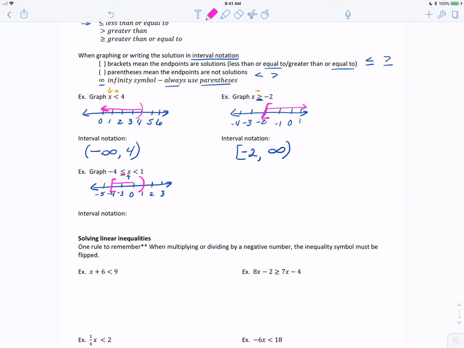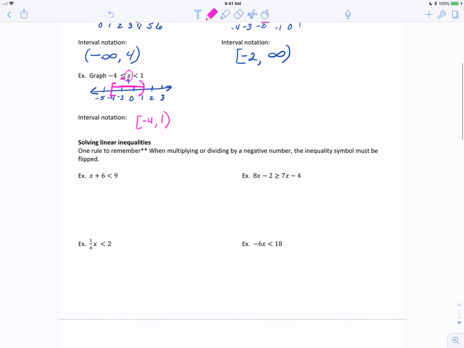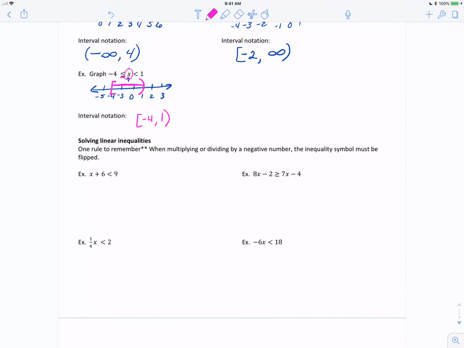And it's everything in between, just like it is here. X is between those two numbers, so there's my values for x. Then those are super easy to write too, because x is going from bracket -4 up to 1 parenthesis. And we're done.